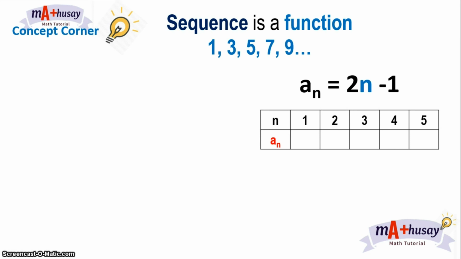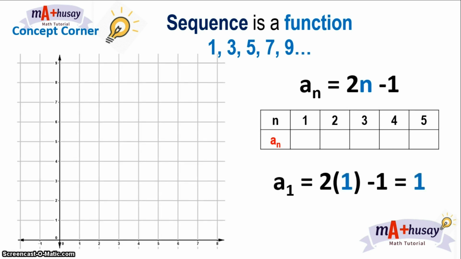So, if n is 1, a sub 1 equals 2 times 1, that's 2, minus 1 is 1. So, when you substitute n by 1, you get 1. Now, when n is 2, 2 times 2, that's 4, minus 1, that's 3.